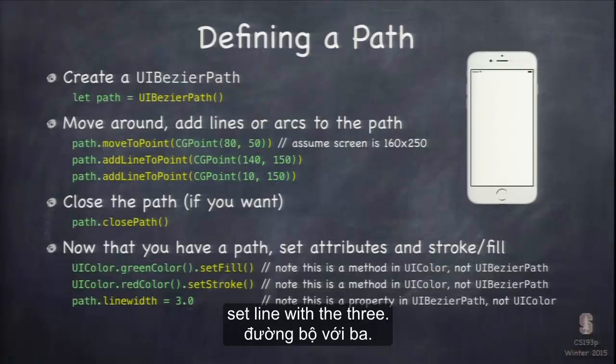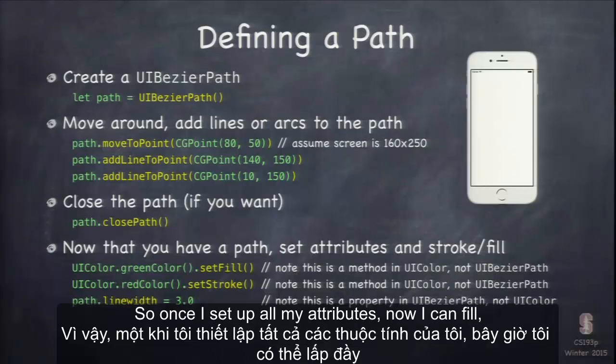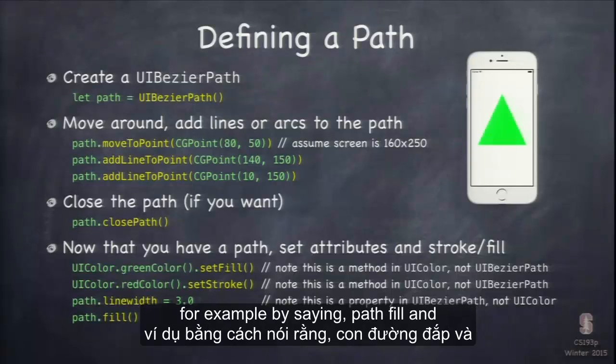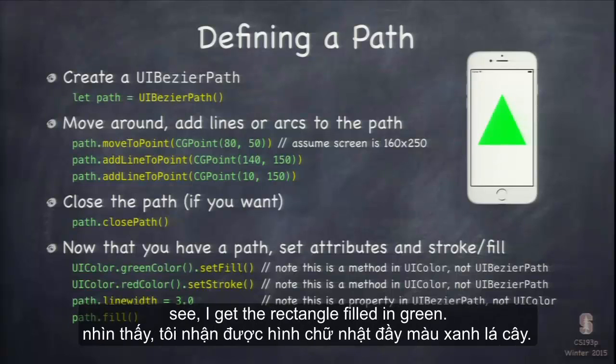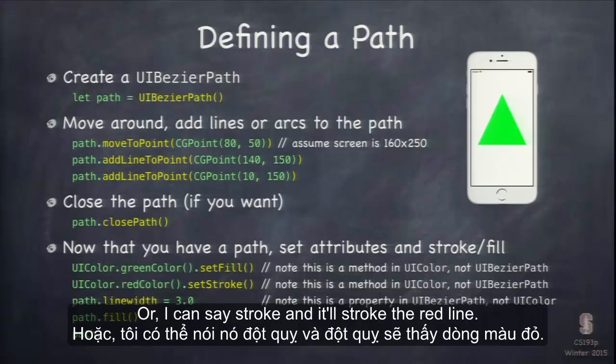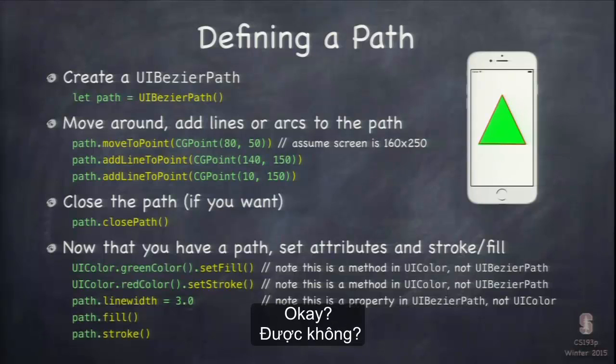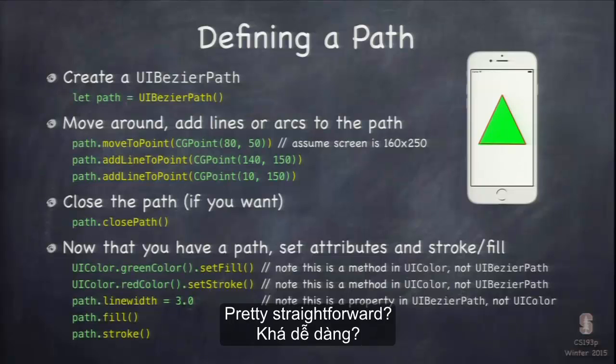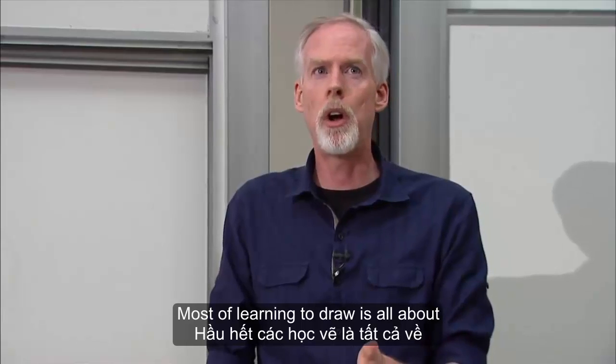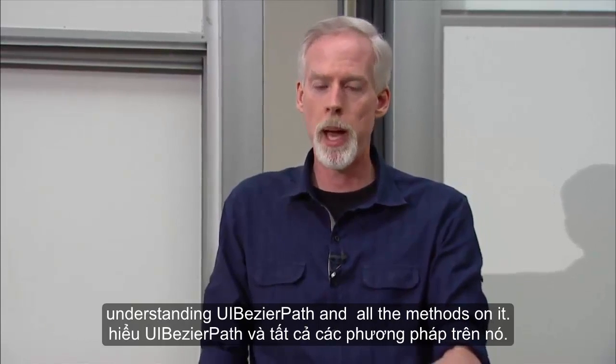So I send a message to the Bezier path, set line width to 3. So once I've set up all my attributes, now I can fill, for example, by saying path fill, and see, I get the triangle filled in green, or I can say stroke, and it'll stroke the red line. Okay? Pretty straightforward. Most of learning to draw is all about understanding UIBezierPath and all the methods on it.